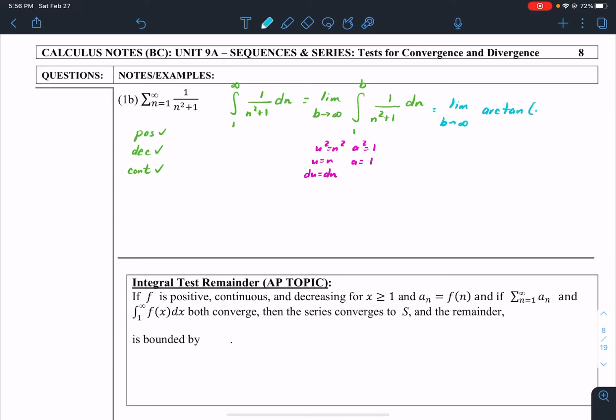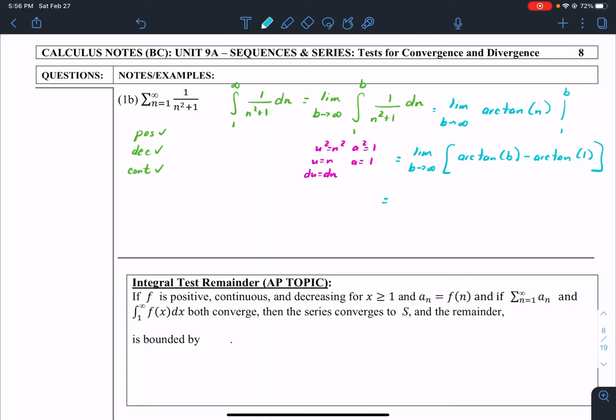So it's going to be arctan of n evaluated from 1 to b. Again, I can't just substitute in, and I can drop my limit at this point. I'm going to say the limit as b approaches infinity. And now I've got to plug in my evaluation pieces. So arctan of b minus arctan of 1.